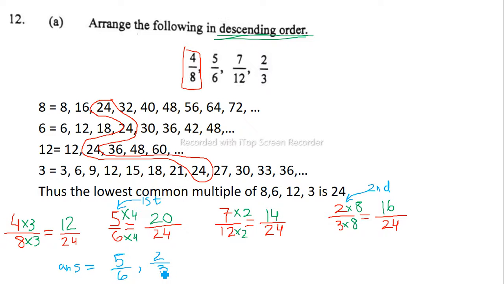Interesting, 5 over 6 is bigger than 2 over 3. Next up, we have 14 over 24, which is 7 over 12. This one comes third, so it's going to be 7 over 12.